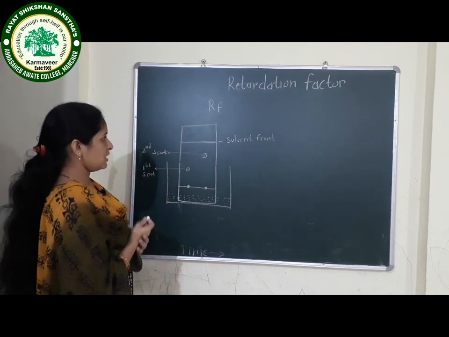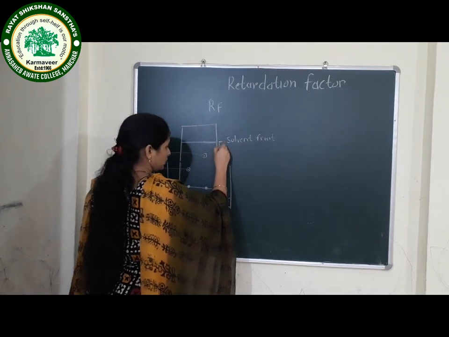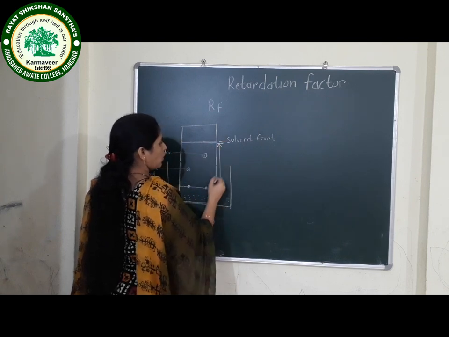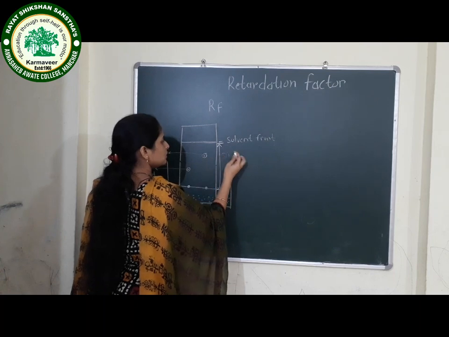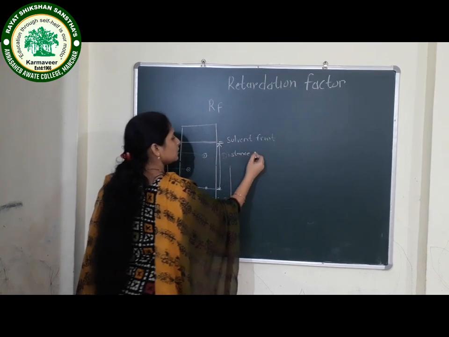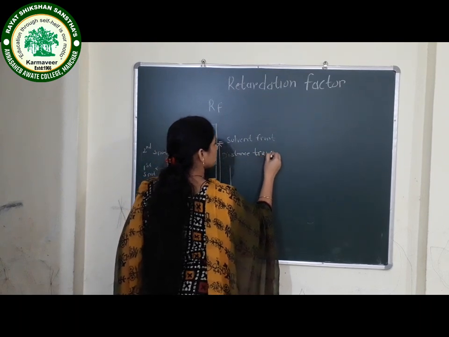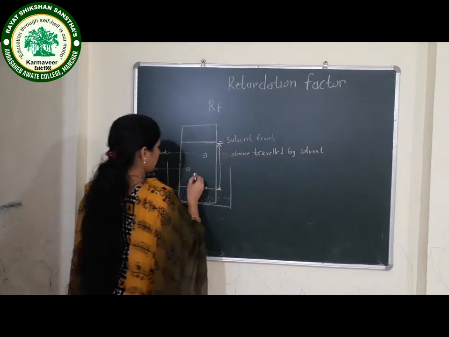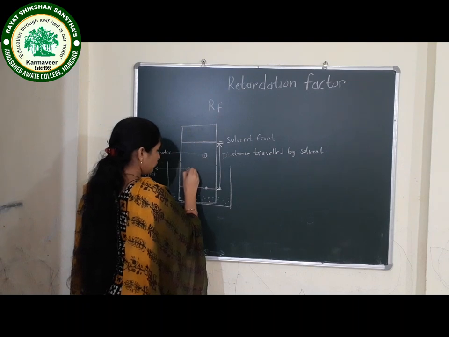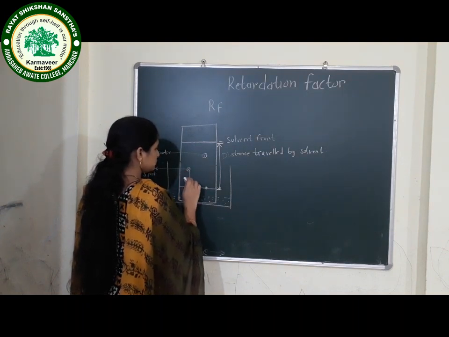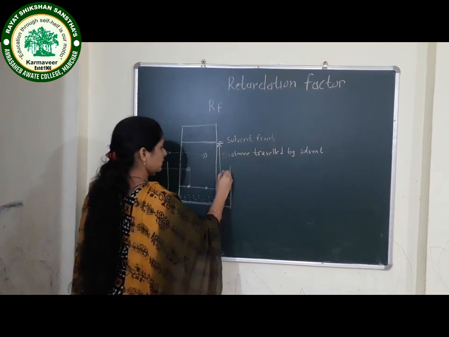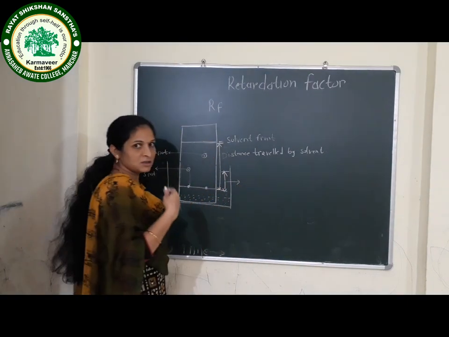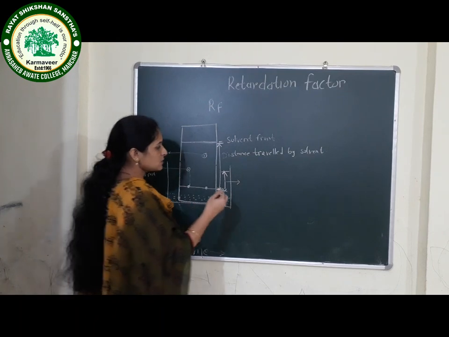Now what is this RF value? From baseline to the solvent front is the distance traveled by solvent, and from baseline to the first spot, from here to here, this is the distance traveled by the first component, means distance traveled by solute.